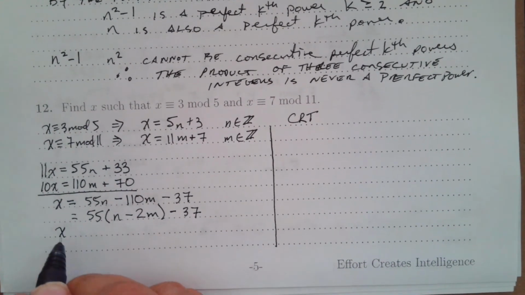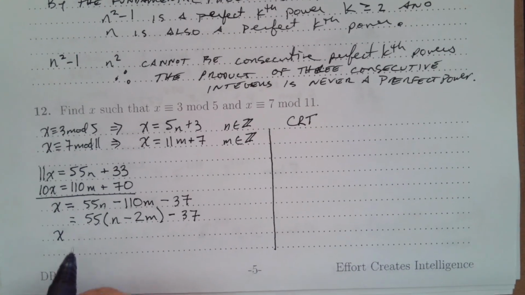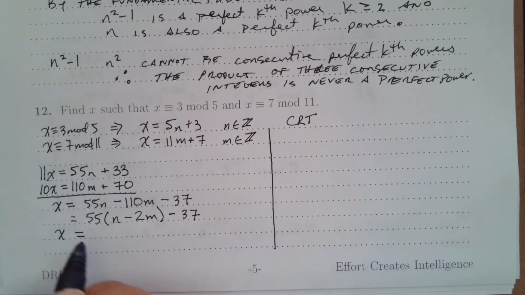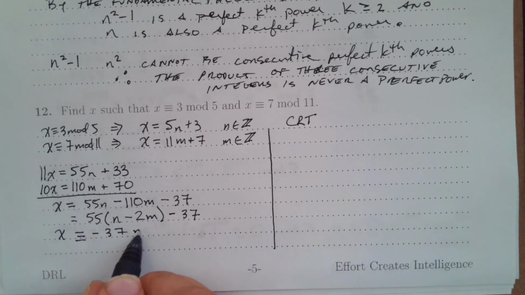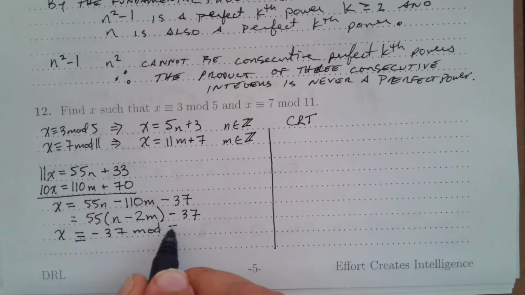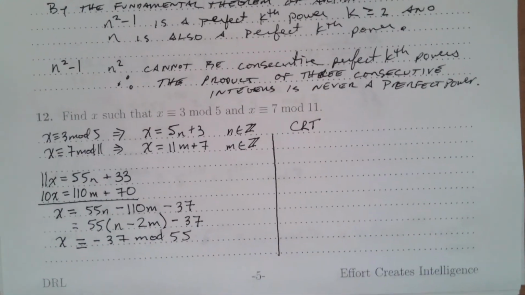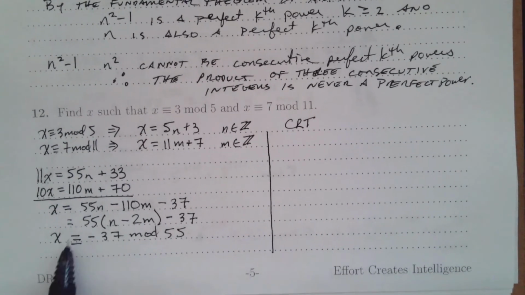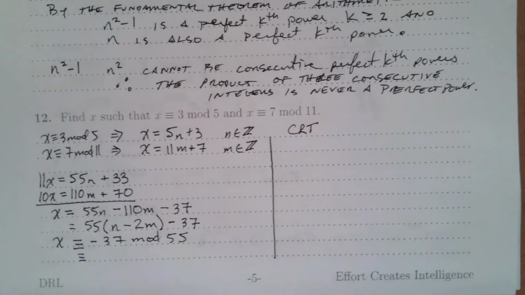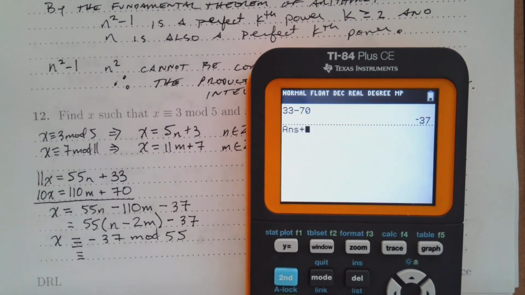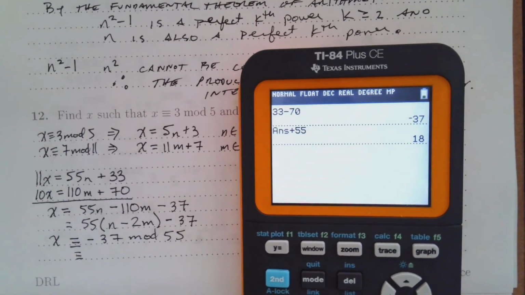That means that x is equal to, or rather equivalent to, negative 37 mod 55. And if that's the case, if I take negative 37 and I add 55 to it, that's 18.